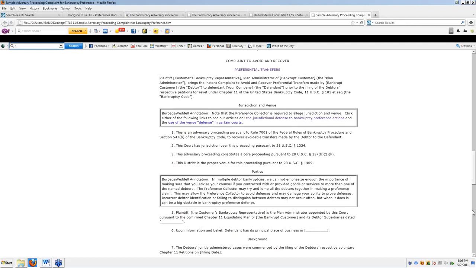This court has jurisdiction over this proceeding pursuant to 28 U.S.C. 1334. This adversary proceeding constitutes a core proceeding pursuant to 28 U.S.C. Section 157(b)(2)(F), big F, small b. This district is the proper venue for this proceeding pursuant to 28 U.S.C. Section 1409.